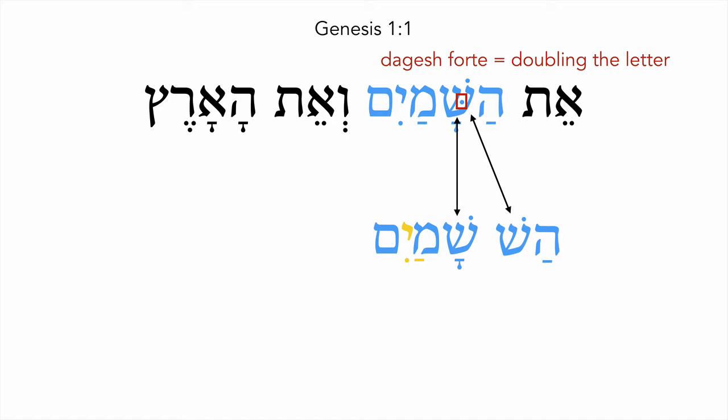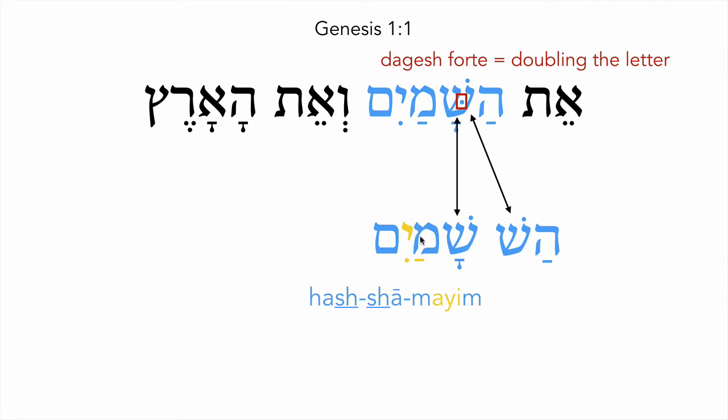You barely hear it, but it's useful to be a little pedantic about it at first. So this is hash, hash, and then you do the shin and the vowel again, sha. So we have the same exact vowels: hash, sha, consonant, vowel, consonant.